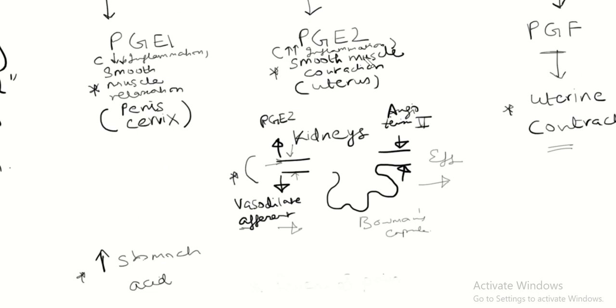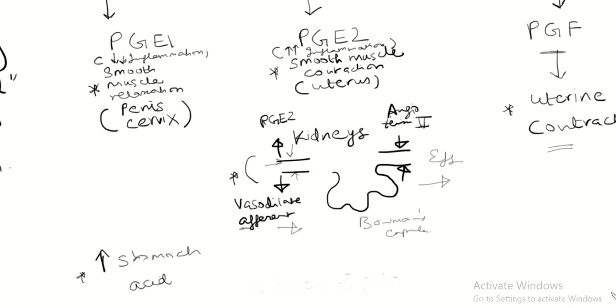PGE2 is more pro-inflammatory and causes more contraction of smooth muscles like the uterus. But additionally, and interestingly, it vasodilates the afferent arteriole of the kidneys, which increases the blood flow in the kidneys.